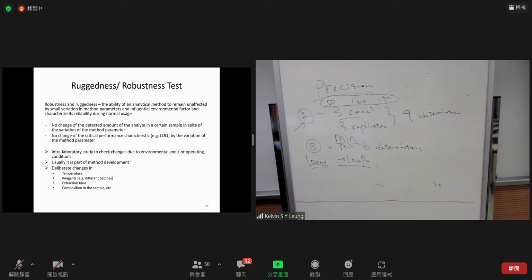And sometimes maybe a small change in the mobile phase composition. In some studies, people use these small variations to study whether your method is affected by them. So you can design your experiment.